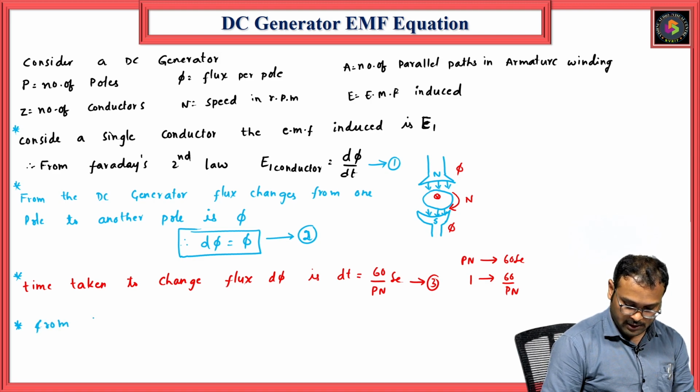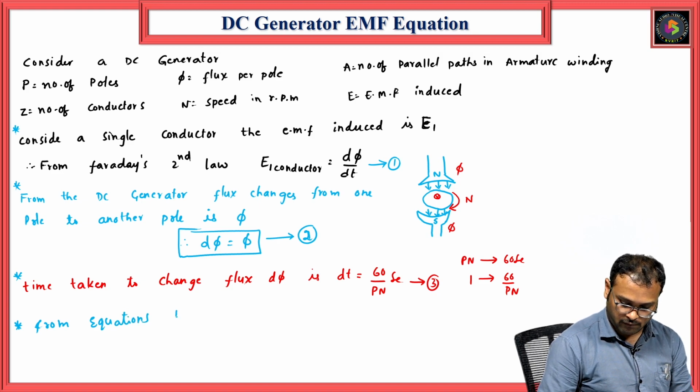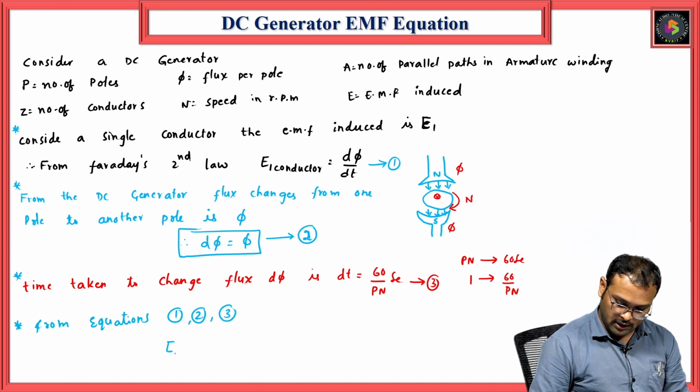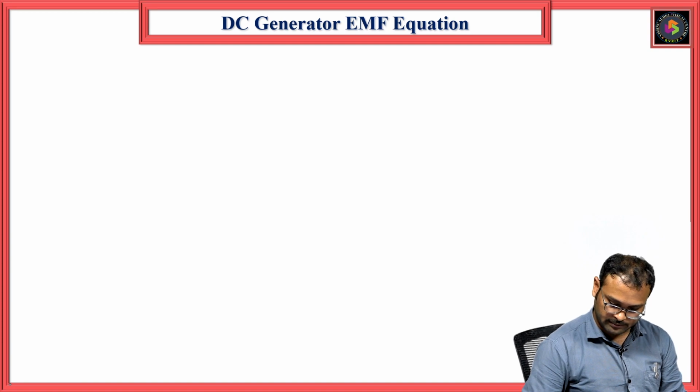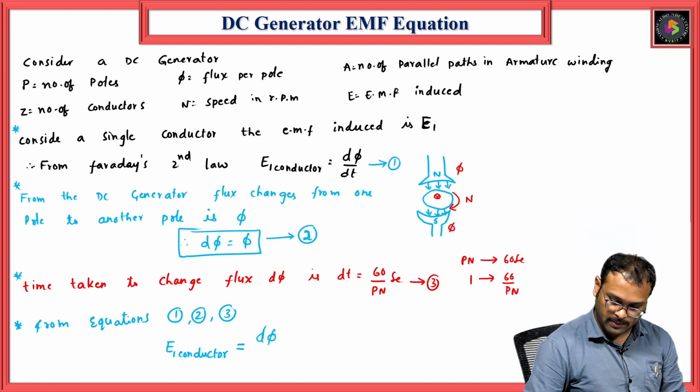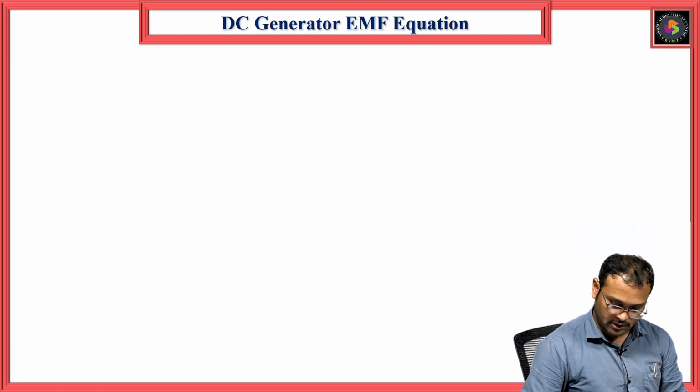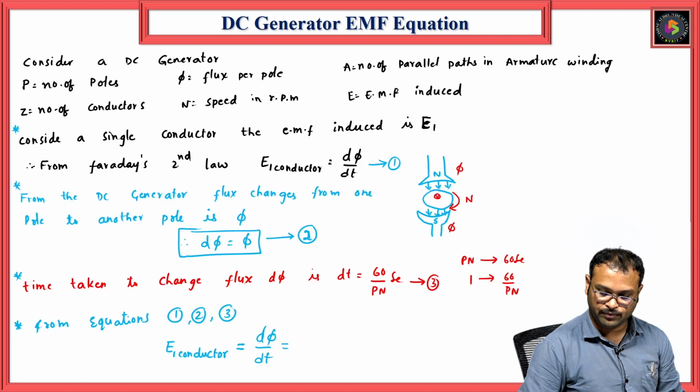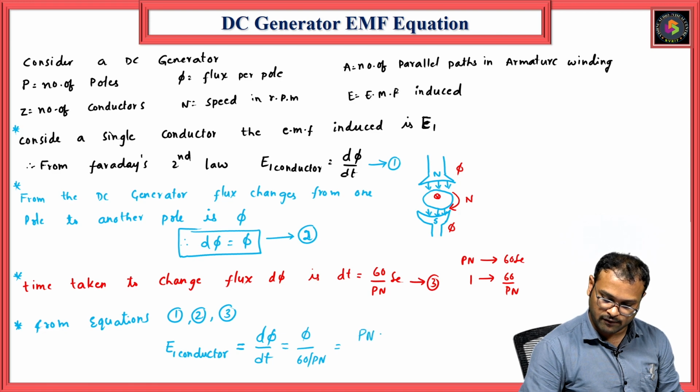From the equations, E1 for one conductor is equal to d phi by dt, which is equal to, substituting d phi as phi and dt as 60 by Pn, Pn phi by 60.